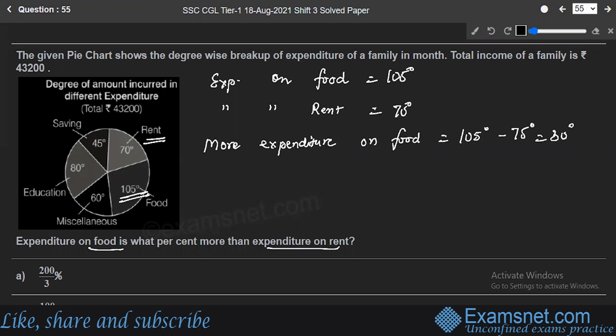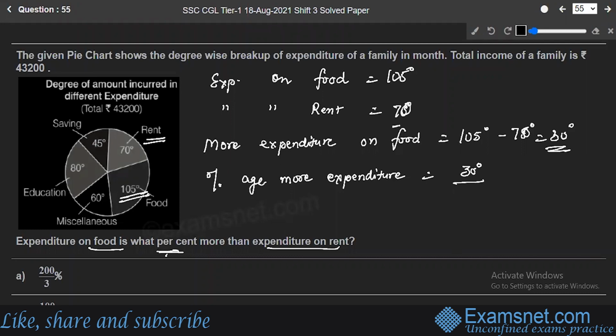Correct, right? So what do you have to find out? The percentage. Percentage more expenditure is equal to the increase in expenditure, that is 30 degrees, upon the basic expenditure that was on rent. Sorry, it is rent, 70 degrees, not this.